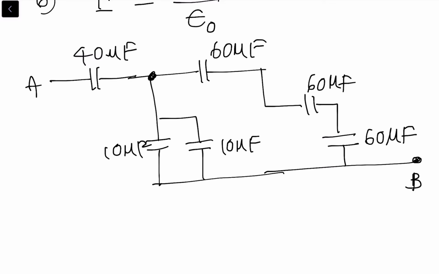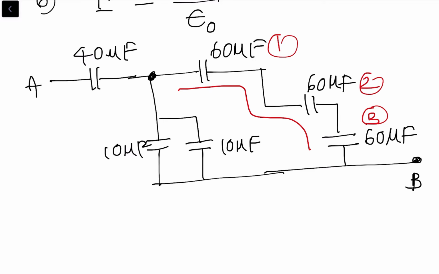So what we will do is slowly we will try to understand. You can see here, the very first thing which you can see, which I am marking with this red color line. These three, that is 1, 2, 3, they are in series.